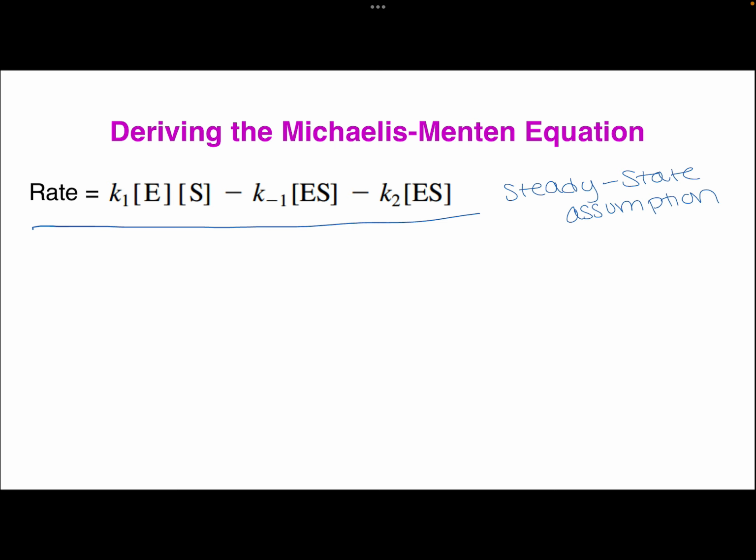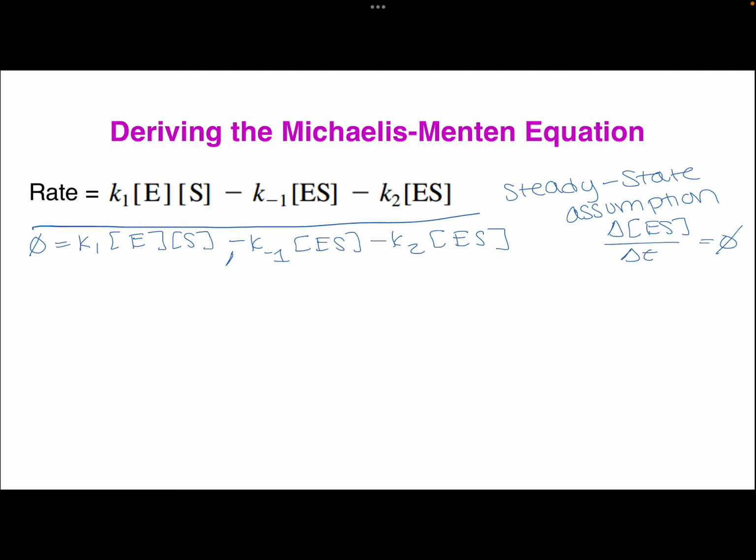Where the change in enzyme substrate complex concentration over change in time is 0, which means our rate is 0. So we can rewrite this by setting it equal to 0. So I'm just going to rewrite everything here. All right. And so now we're going to get rid of these minus signs.